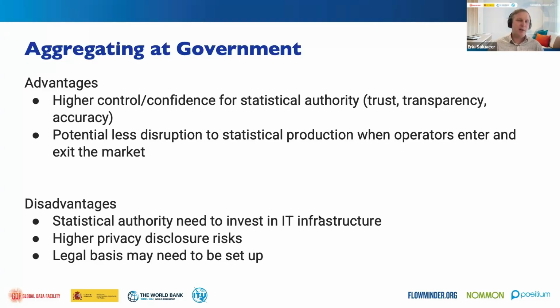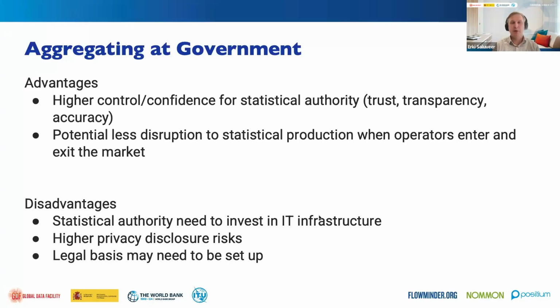But on the disadvantages side is that the statistical authority needs to invest in IT infrastructure, and it needs to invest also into the security systems, because there is now higher privacy disclosure risk as the data is basically moved outside from the mobile network operator.